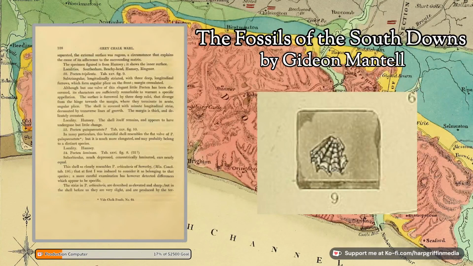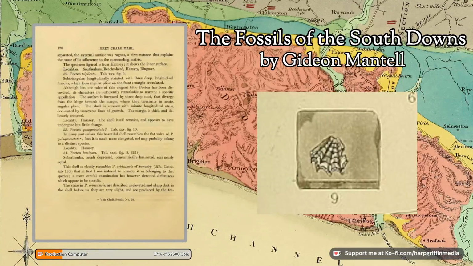52. Pecten triplicata. Tablet 25, Figure 9. Subtriangular, longitudinally striated, with 3 deep longitudinal furrows, which form angular placeae on the front, margin crenulated. Although but one valve of this elegant little pecten has been discovered, its characters are sufficiently remarkable to warrant a specific appellation.